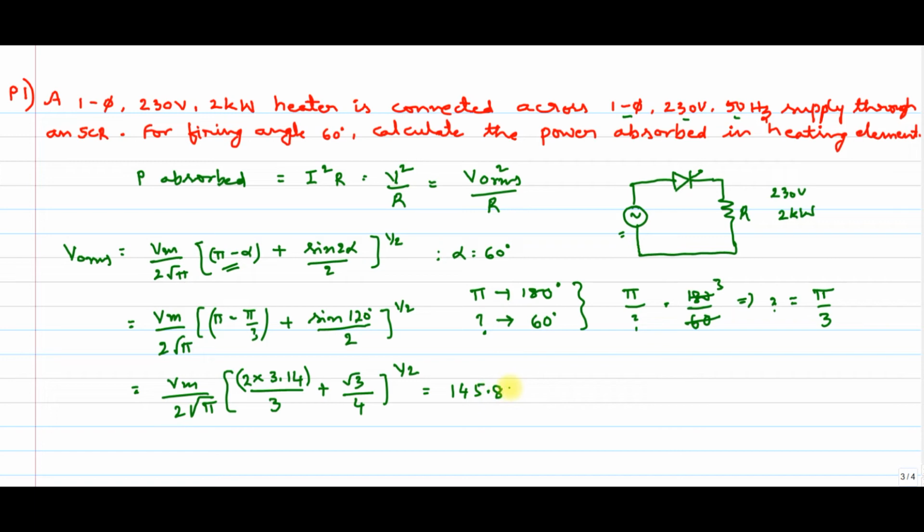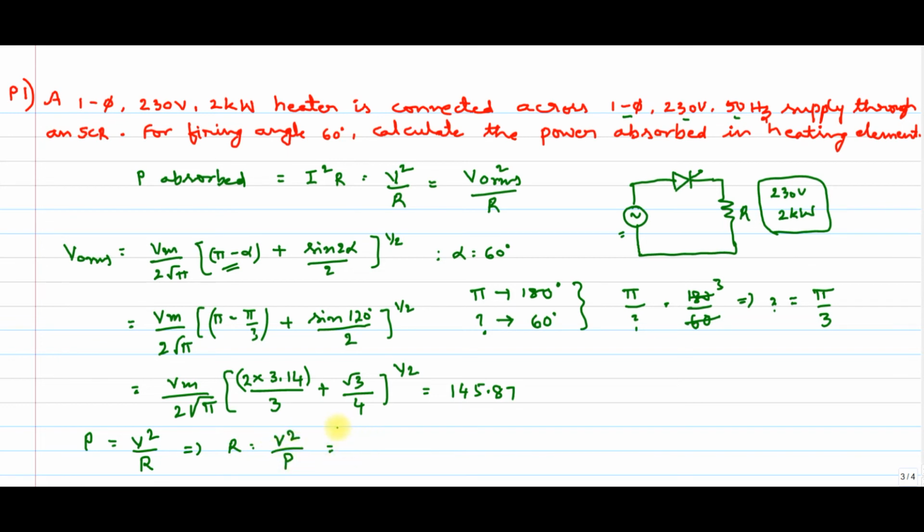The resistance R has been given here as wattage. Again, let me go ahead with the power formula only. Maximum power is equal to V square by R, which implies resistance R will be equal to V square by P. This is the maximum rating of the heater.